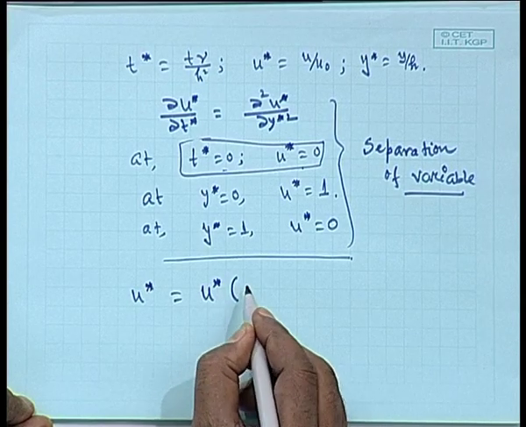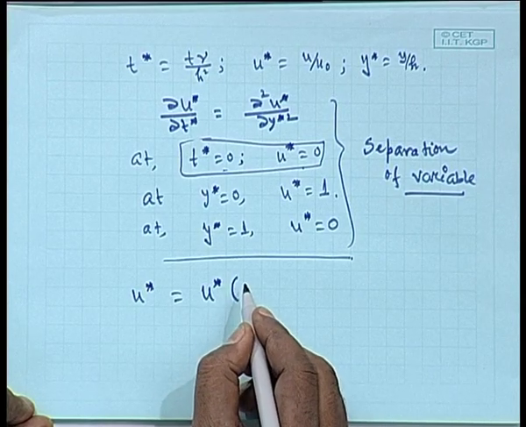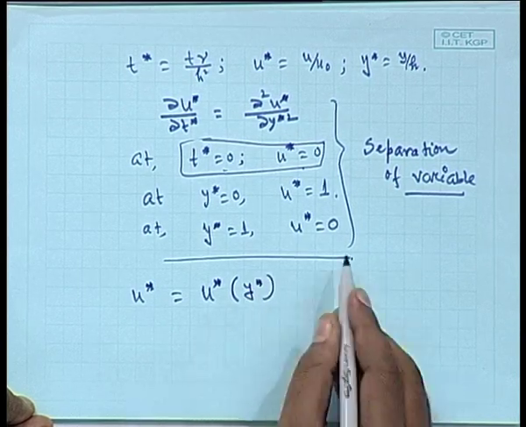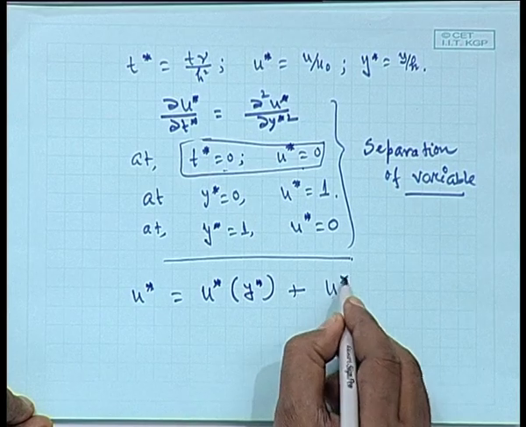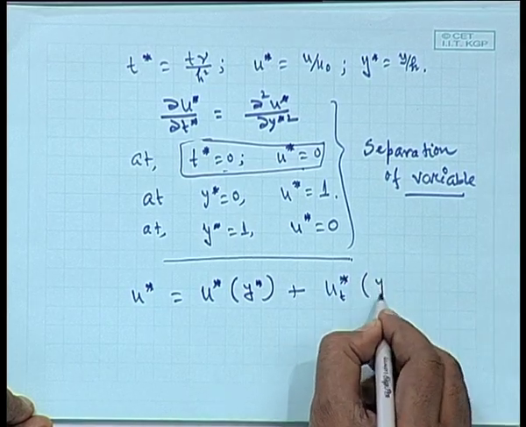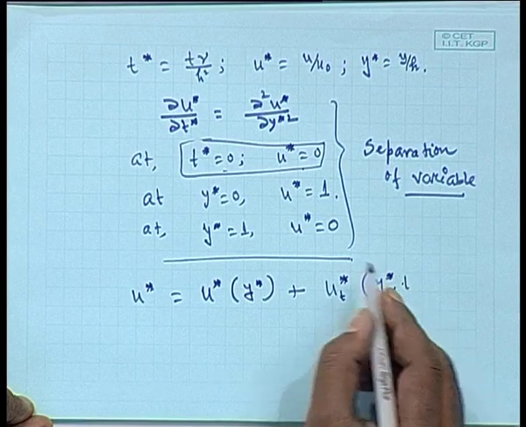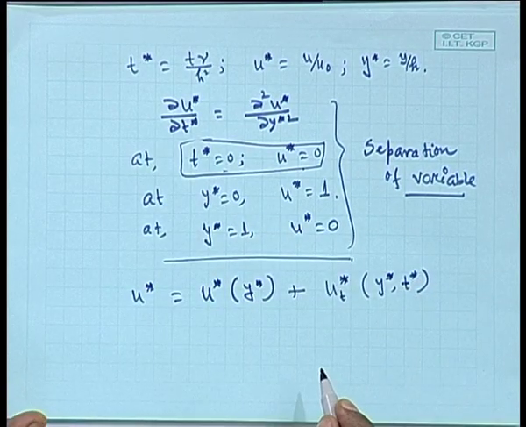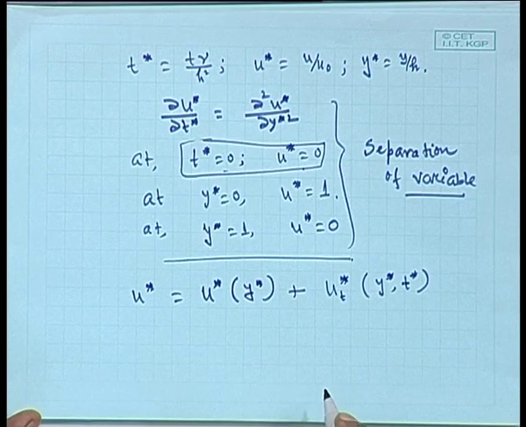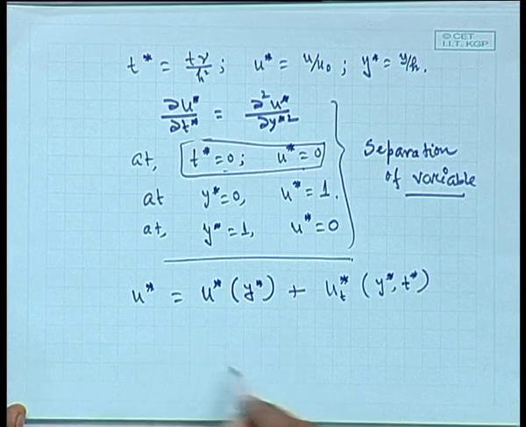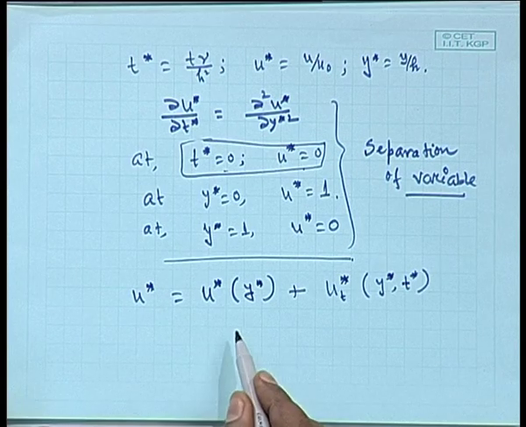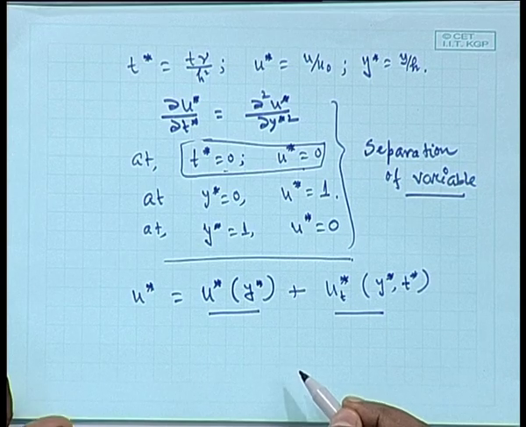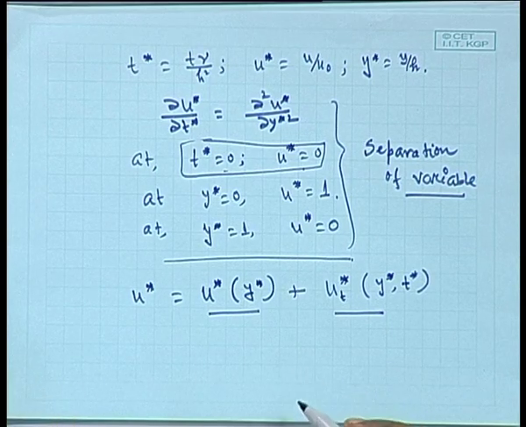One will be time independent, that is a steady state solution, which will be function of y only, plus let us say u star t, that will be function of y star as well as t star. Okay. Now, we will be constructing the governing equation of u star and u t star and the corresponding initial and boundary conditions for u star and u t star.